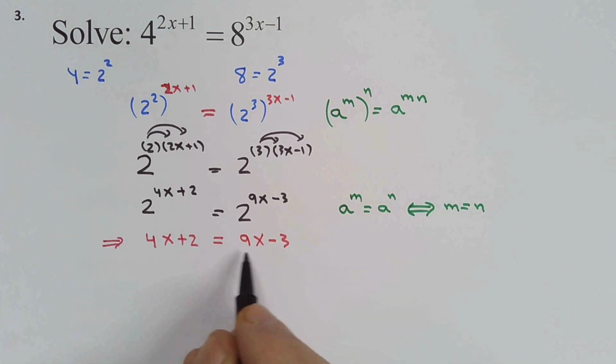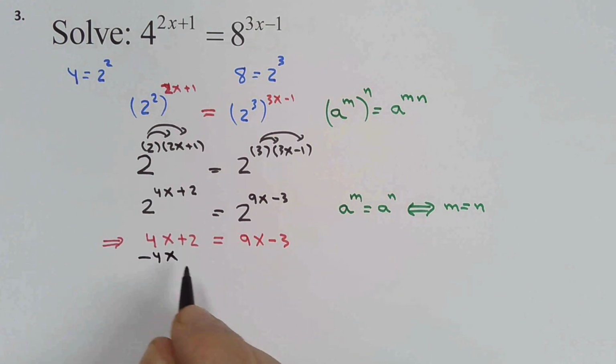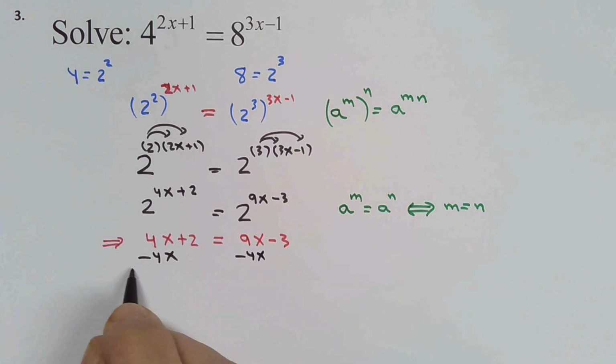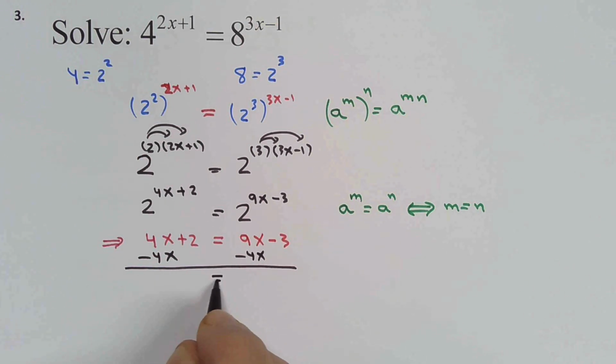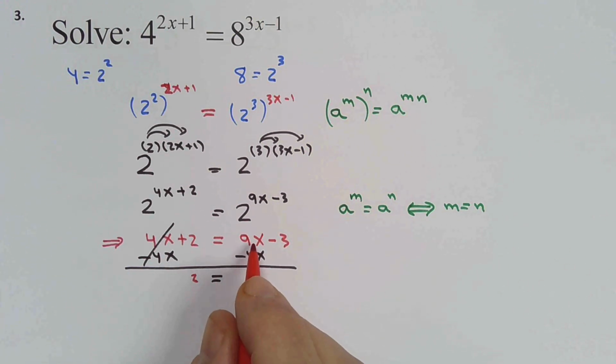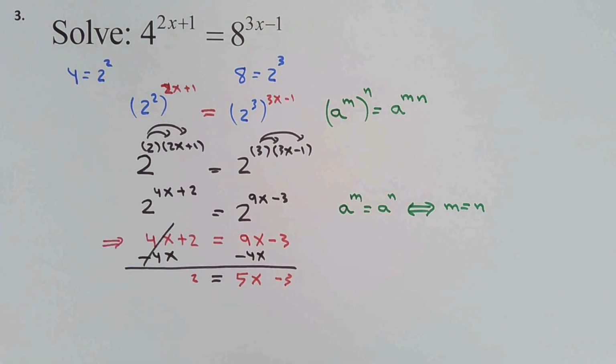We'll have x's on one side, so let's subtract 4x from both sides. Now I have on the left 2 equals, and on the right side 9x minus 4x, which is 5x, minus 3. Add 3 to both sides.